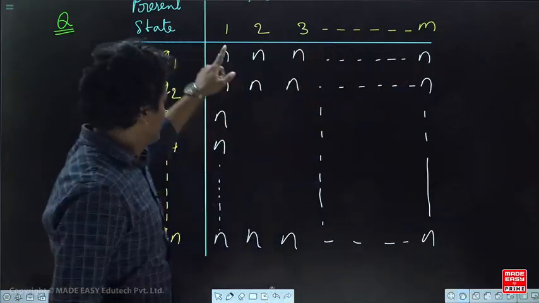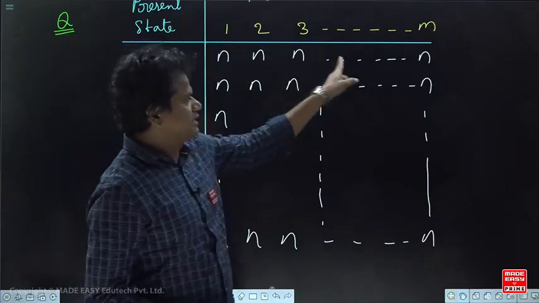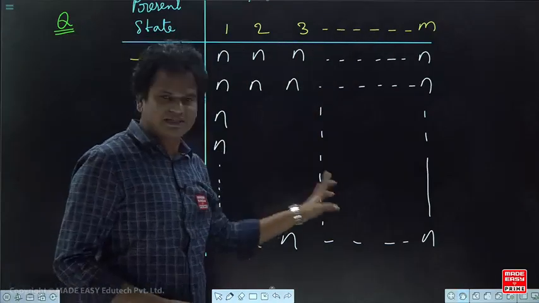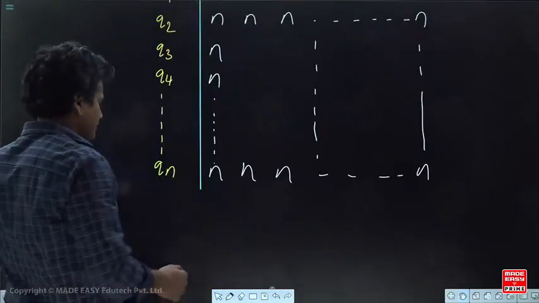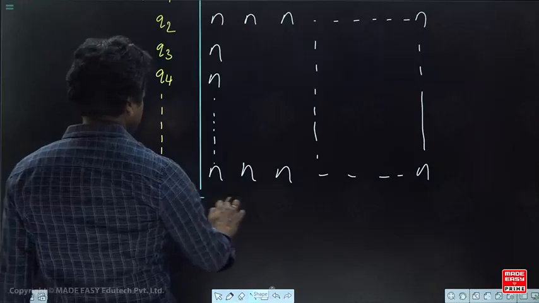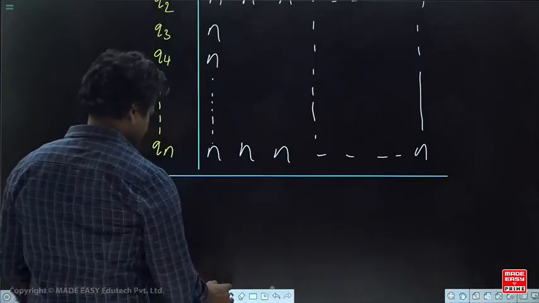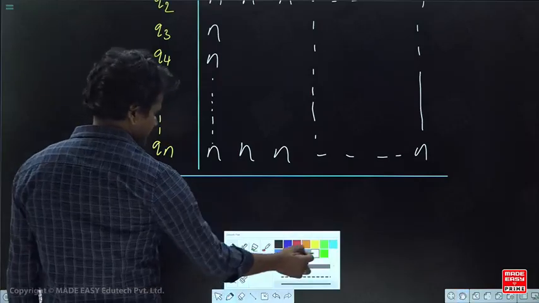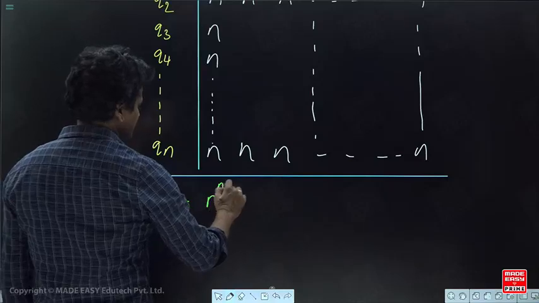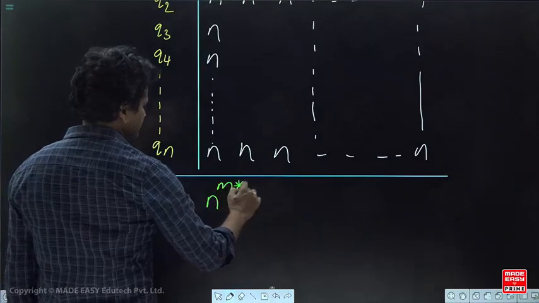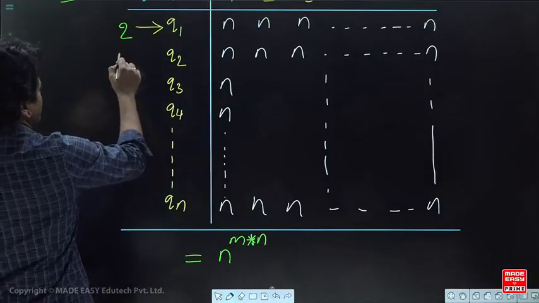Each state has m inputs, and there are n states. So how many n's are there? m into n, n's.